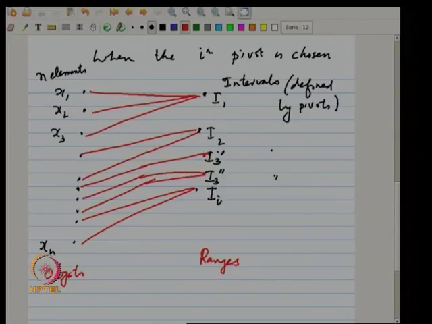Here we are dealing with a finite number of elements and a finite number of intervals. That was easy to define, or it's a natural thing to happen in the case of sorting.